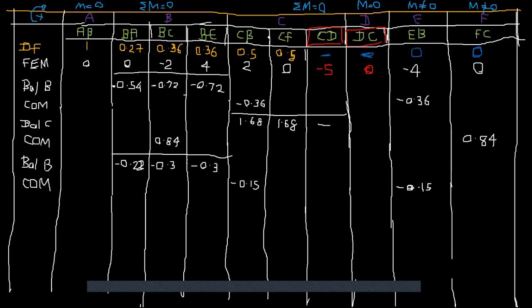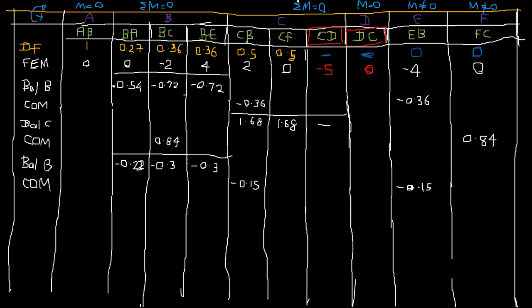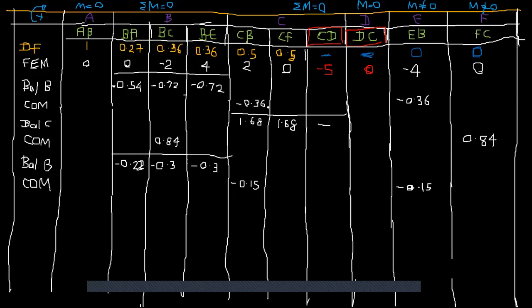So it's a bit like an iterative process, right? So it's an iterative process. So you need to balance C now. So these values, minus 5.36, 1.68, 1.68, already in balance. If you just add it, it is 0. So you add these values to minus 0.15, and you will be remaining with again minus 0.15, right?